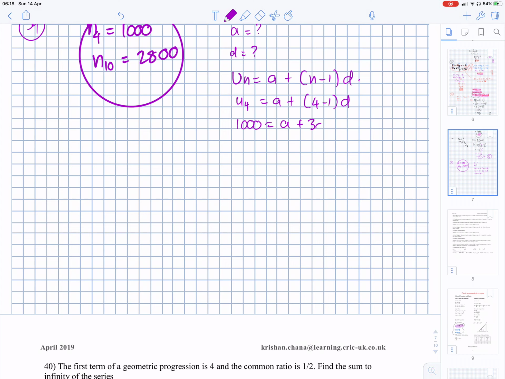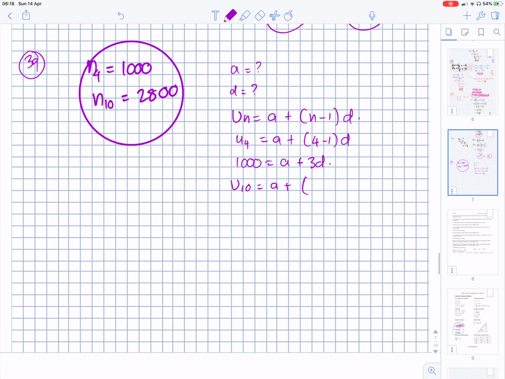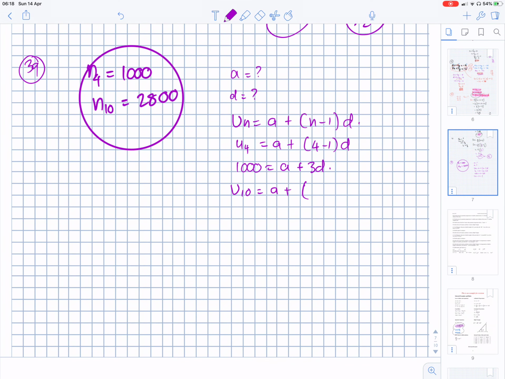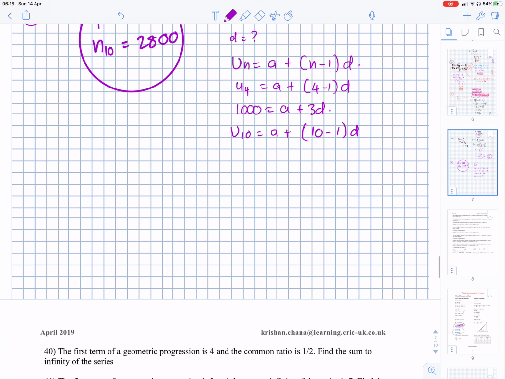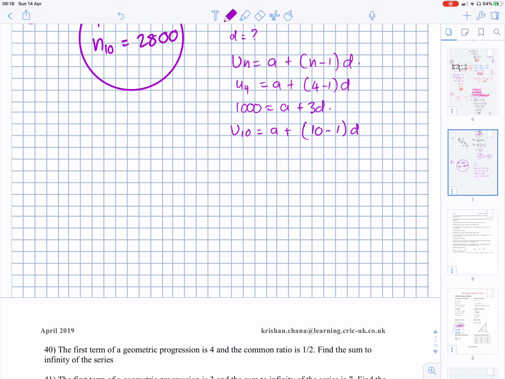Then the other one is u10 equals a plus 10 minus 1 d. So u10 is 2800, equals a plus 9d.